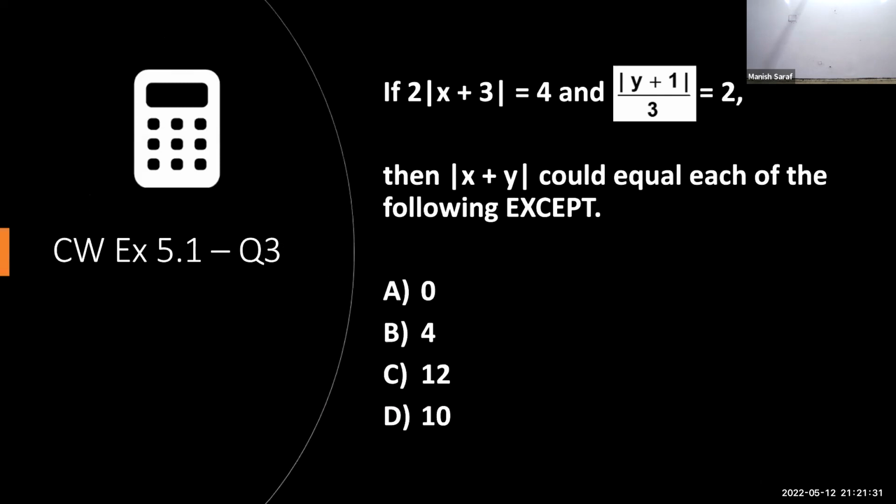So I want you to solve this problem, which is question number 3 in your book. A, B, C, D. Since you're the only student, you can announce your answer.